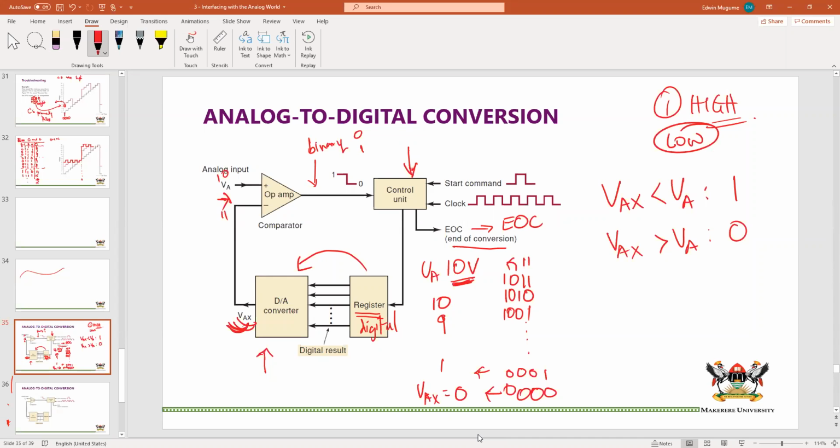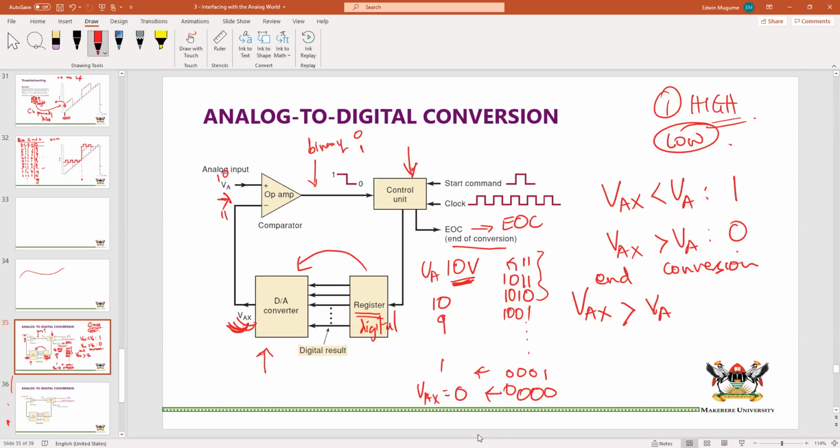And when we get a low, that shows we have completed the conversion. I should mention, because this part might be confusing, that for you to get to end of conversion, VAX should be greater than VA by a certain threshold.